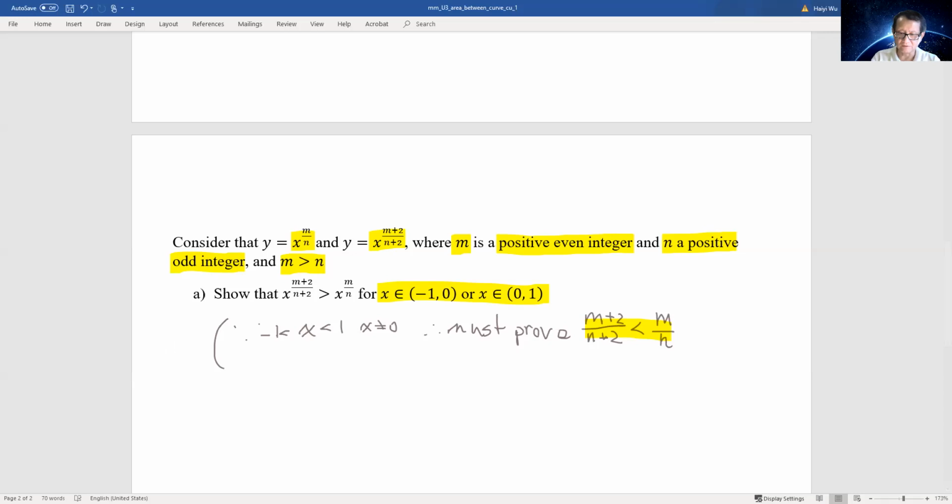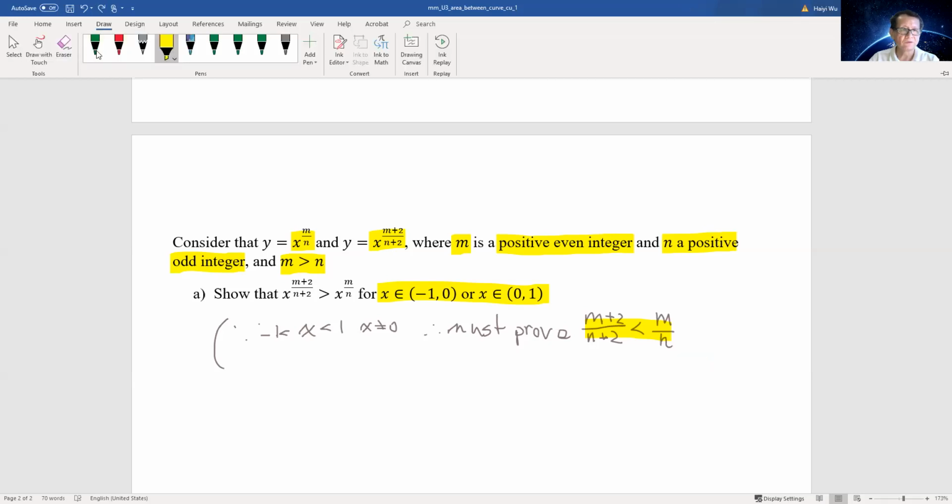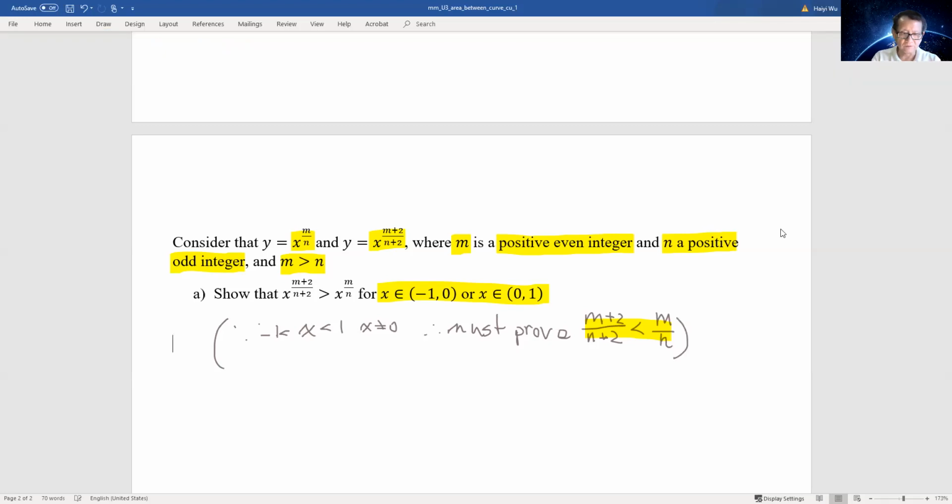So this is analyzing, put a bracket back on. So how do we start? Let's prove this, the inequality we need to prove, because we know m is greater than n.